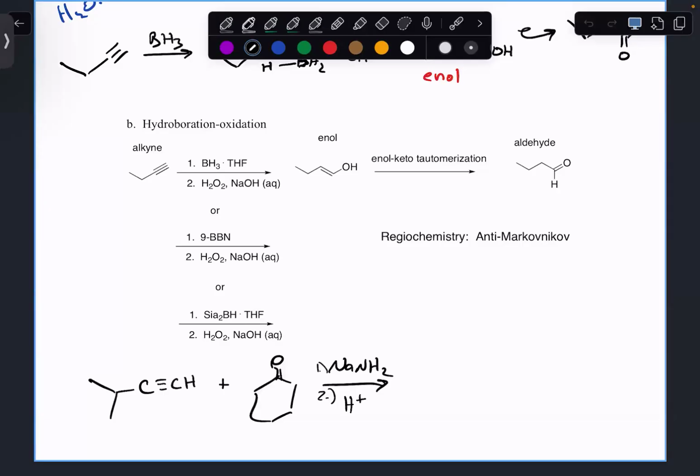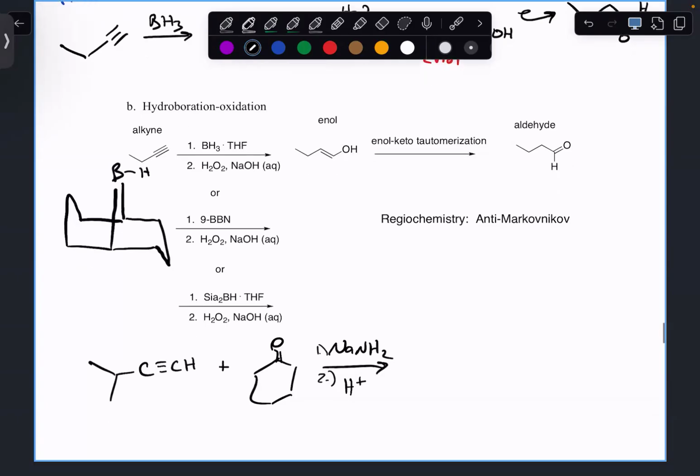9-BBN looks like this. So it's this large bicyclic compound. The disiamylborane looks like this.